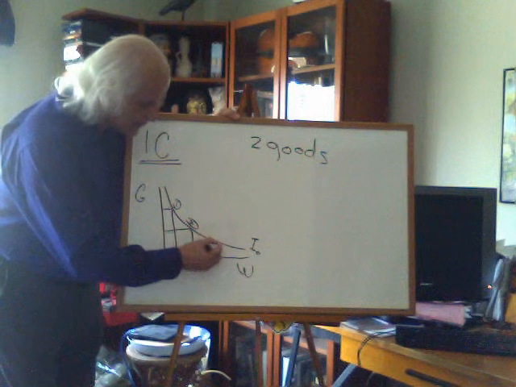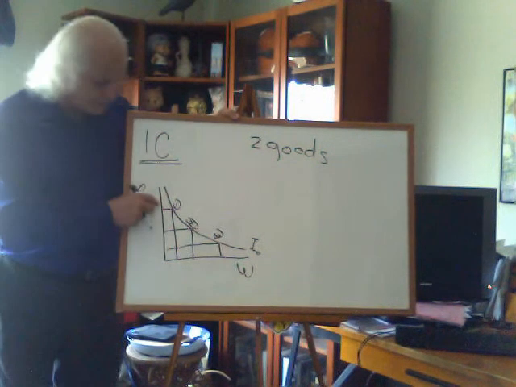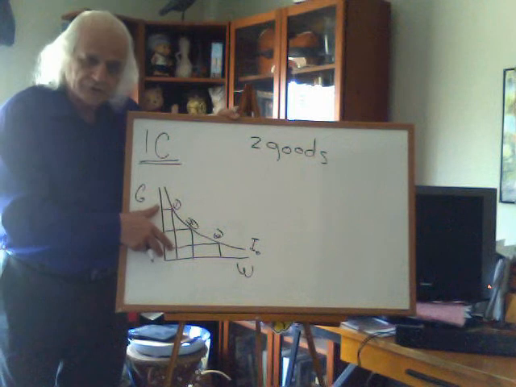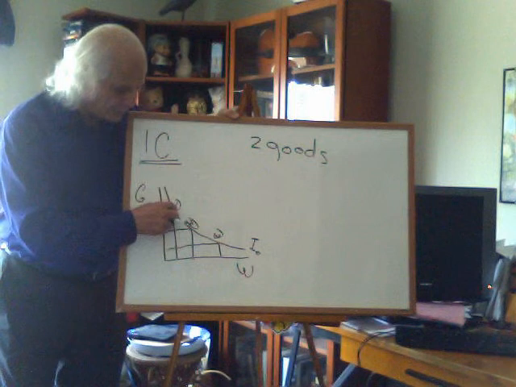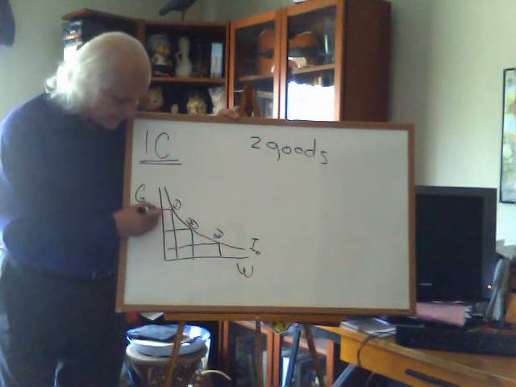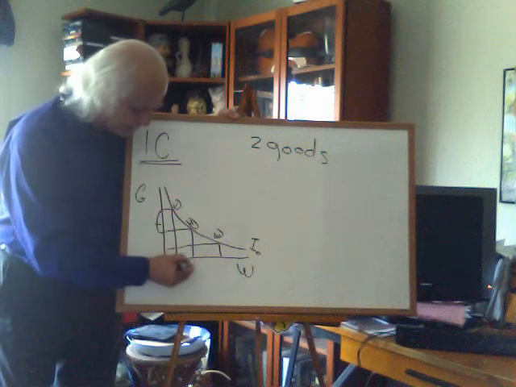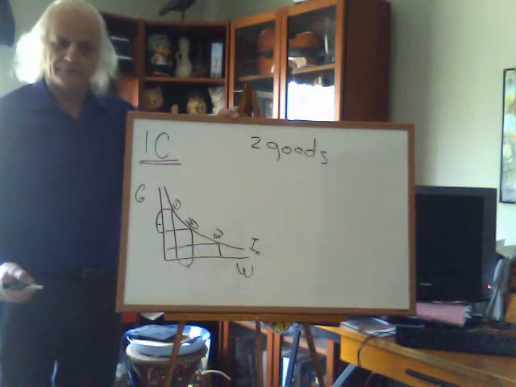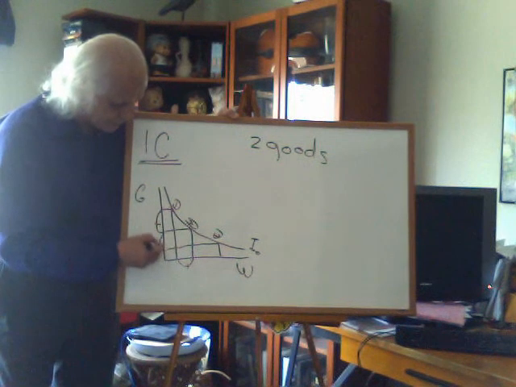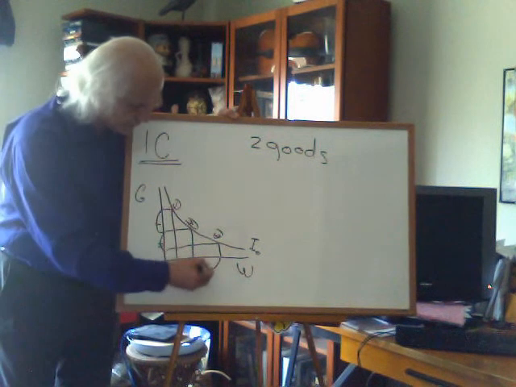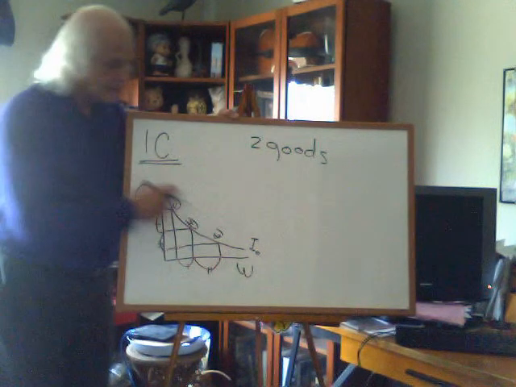What about 3? Well, again, the same thing. What is common between them? Over here, I have this much G and this much W, right? When I move from 1 to 2, I've given up this much of G in order to gain this much of W. And if I move from here to here, I give up this much more of G in order to gain this much of W. And so in the back of my mind, I am indifferent.